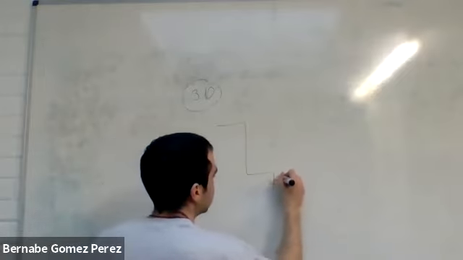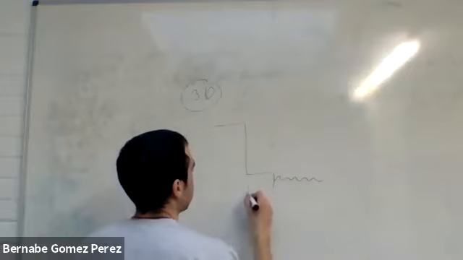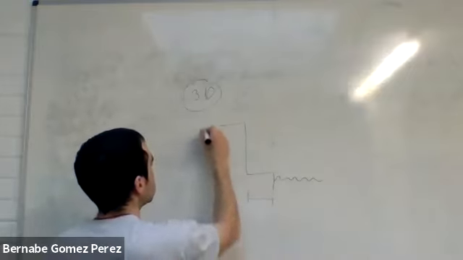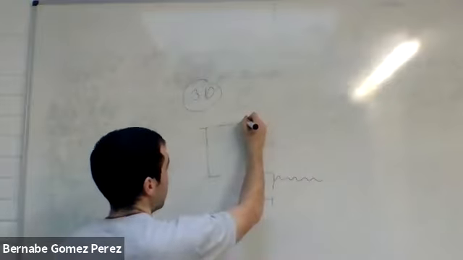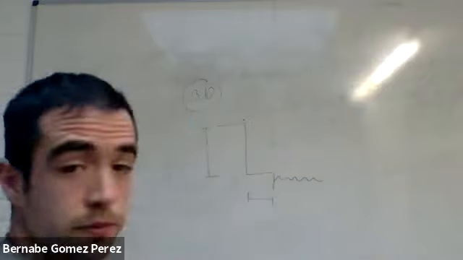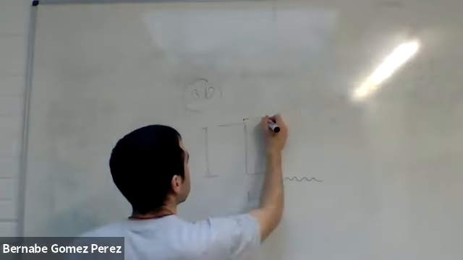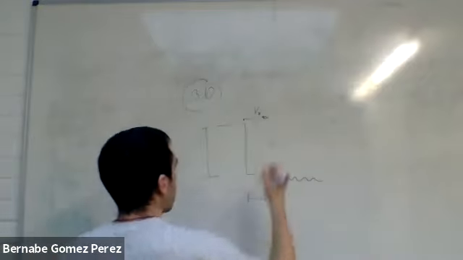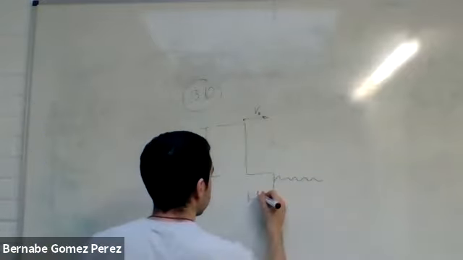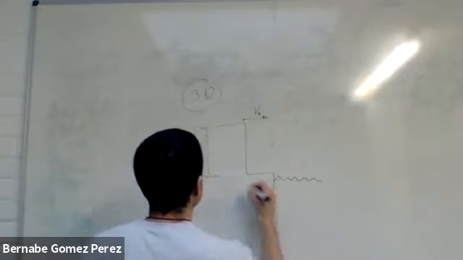So we have this ledge, and we have this distance, and we have someone jumping with a purely horizontal speed, V0.